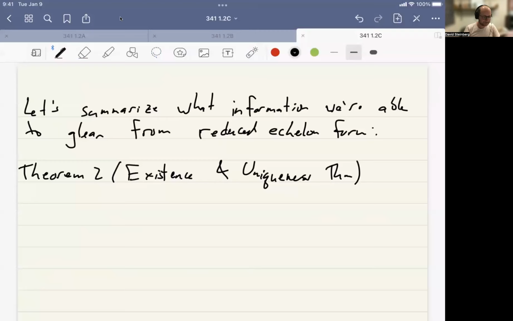Okay. So let's see what this theorem says. A linear system is consistent, so has a solution, right?